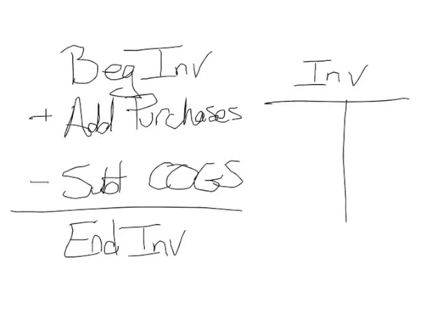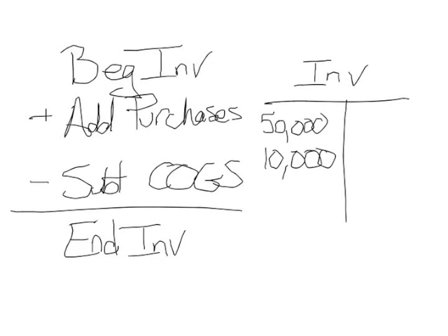They tell you that you had a beginning inventory of $50,000, and you purchased $10,000 worth of new inventory during the time. You would know that that gets added to the inventory account. So that's a debit. You'd put that right there.